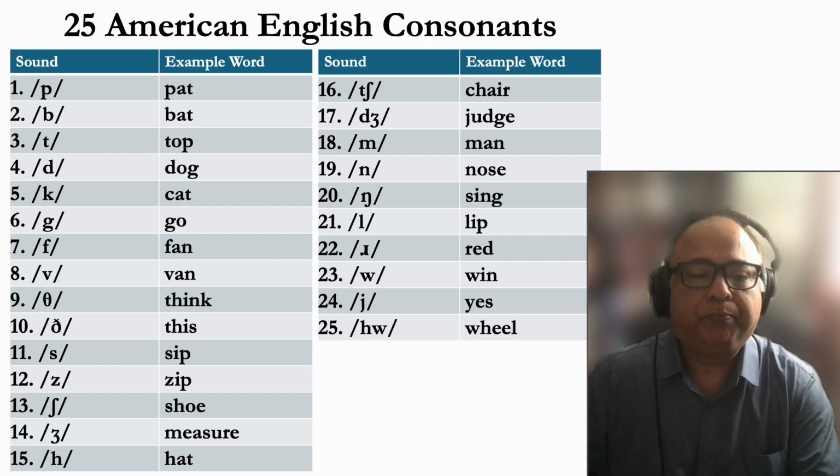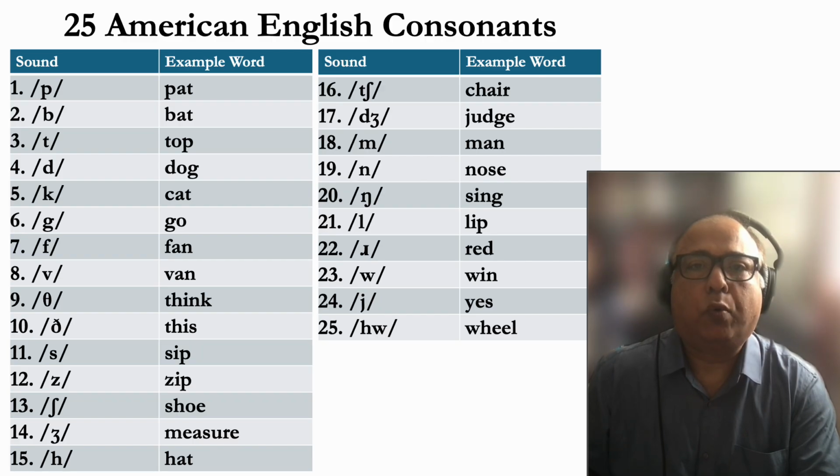That's a pat. 2, B, as in bat. 3 is T, as in top. 4 is D, as in dog. 5, K, cat. 6, G, go.